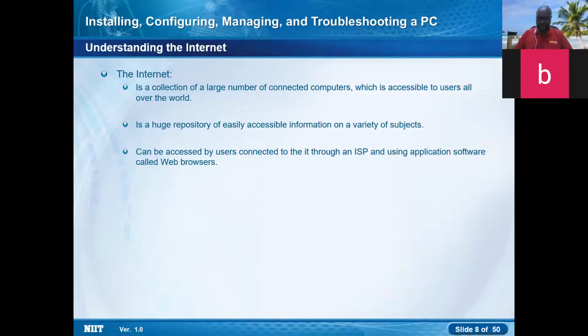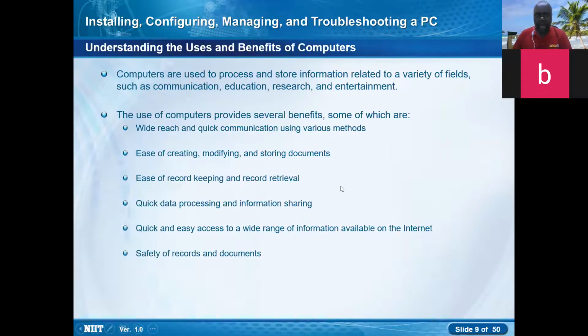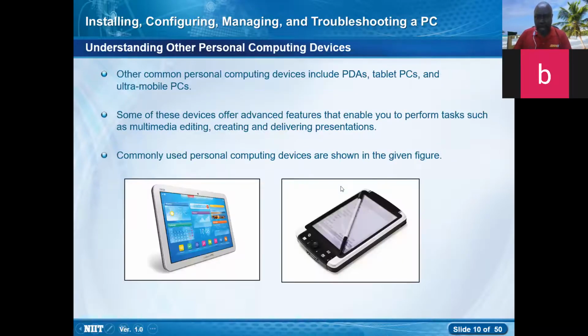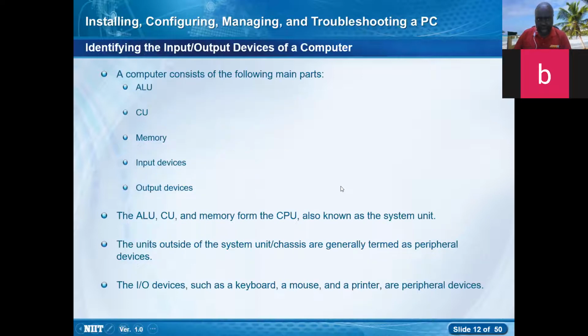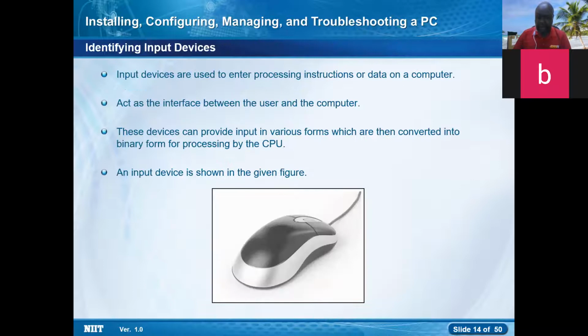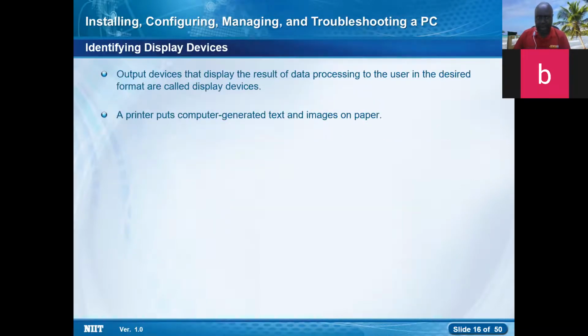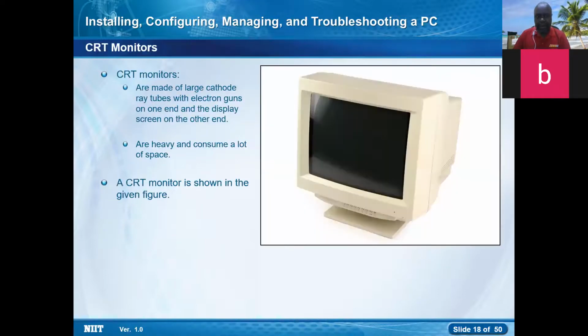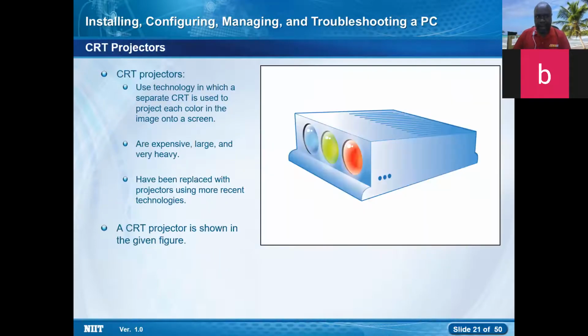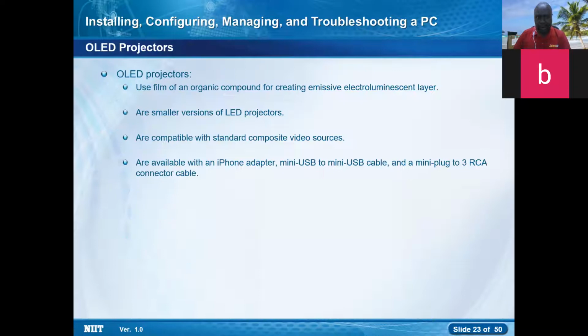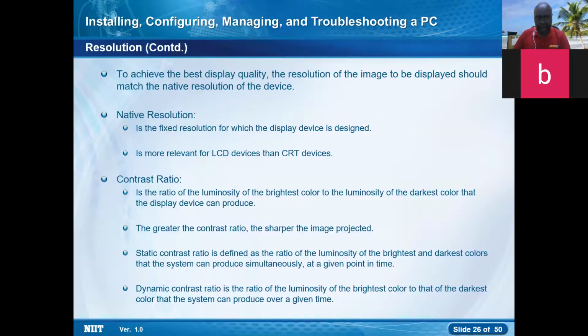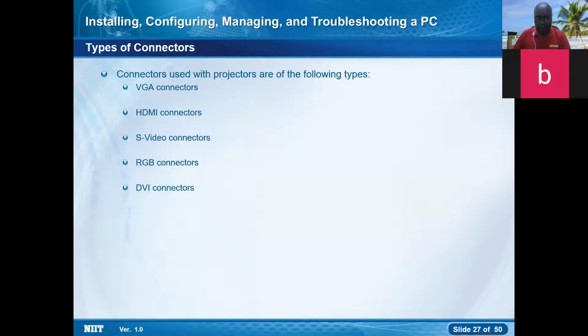Now, today I want to continue where we had left off, and we did look at the main hardware components of a computer system. I want us to pick it up from connectors.